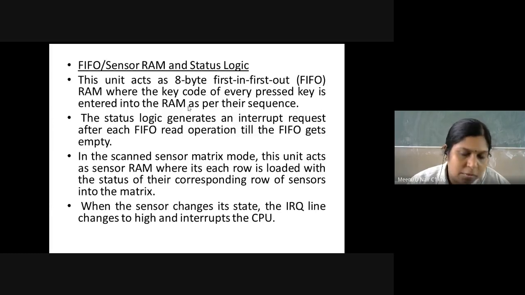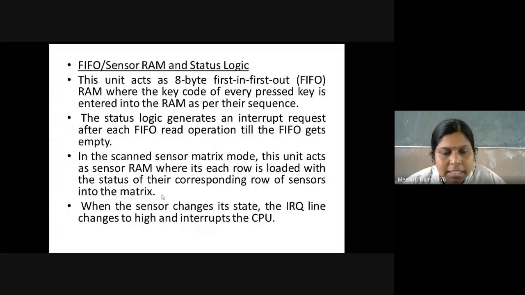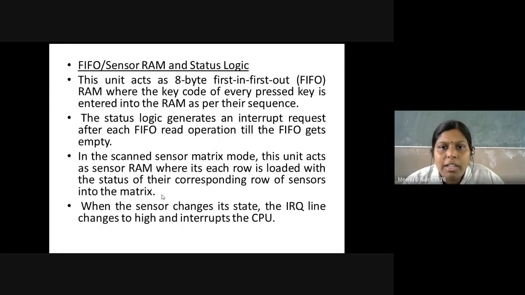That is 8 bytes. Okay, so 8 bytes means 1 byte is equal to 8 bits. The status logic generates an interrupt request after each FIFO read operation till the FIFO gets empty. So in the scanned sensor matrix mode, this unit acts as sensor RAM where each row is loaded with the status of the corresponding row of sensors into the matrix. So whether it is in the scanned mode or if you are pressing the key, in both ways it will generate the corresponding code and it is stored in the FIFO or sensor RAM register.